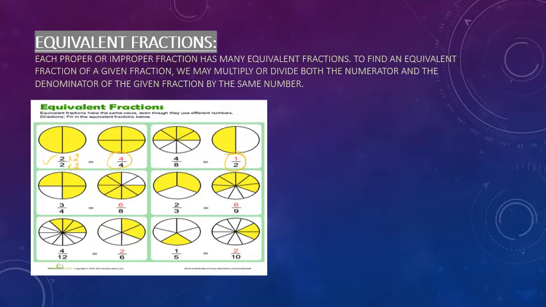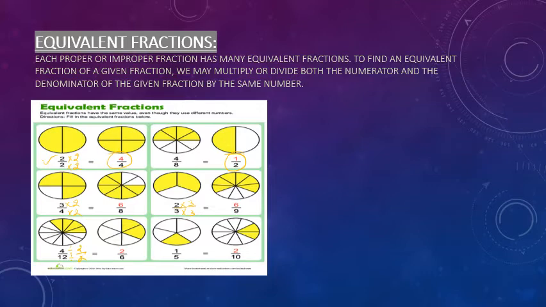3 by 4 is being written as 6 by 8 when we have multiplied numerator and denominator with 2. Similarly, 2 by 3 has become 6 by 9 by multiplying numerator and denominator both with 3. 4 by 12 has become 2 by 6 when we have divided 4 and 12 both by 2.